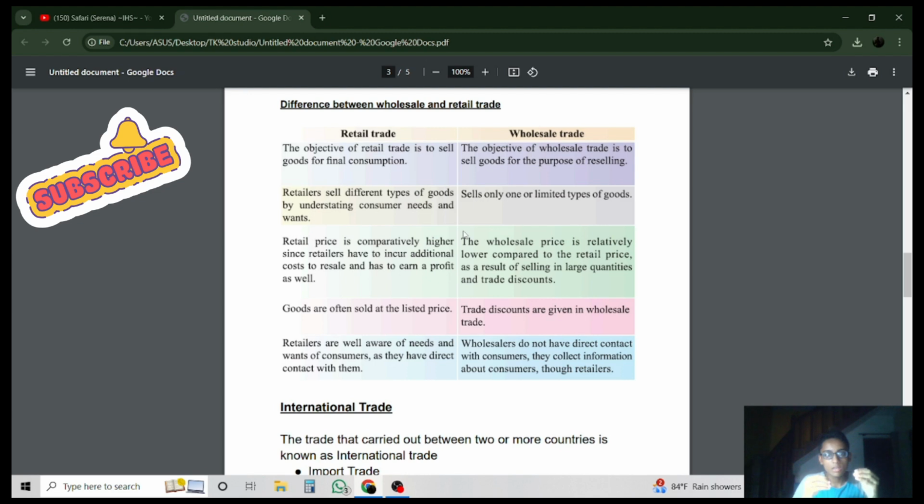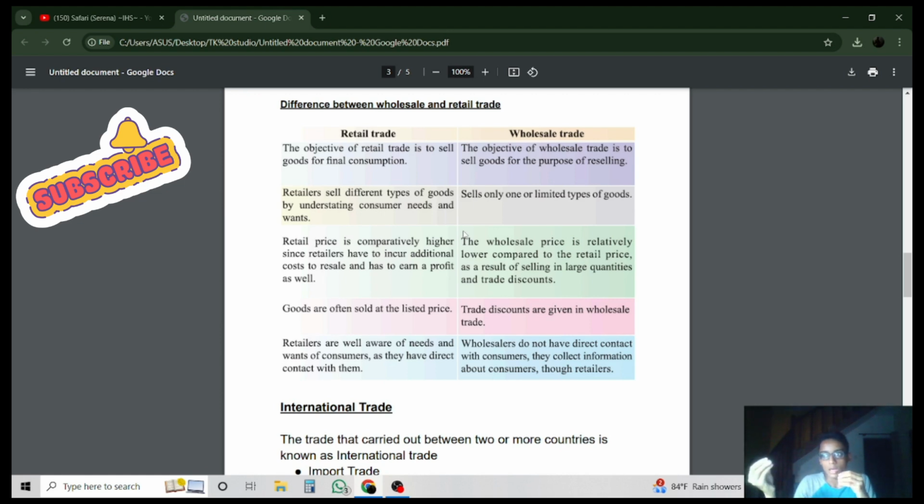Retailers sell different types of goods by understanding consumer needs and wants. That means retailers know what customers need and they sell that particular item. But wholesale trade selects only one or limited types of goods. Then retail prices are comparatively higher, since retailers incur additional costs to resell and have to earn a profit as well.